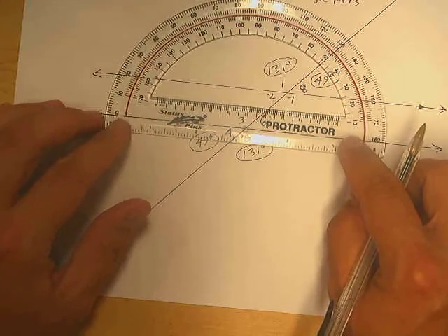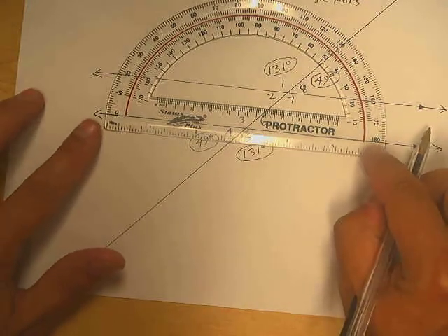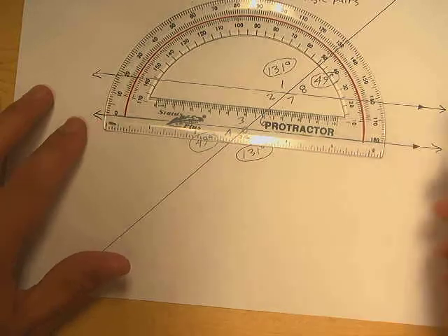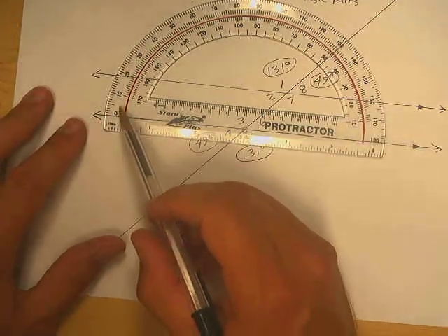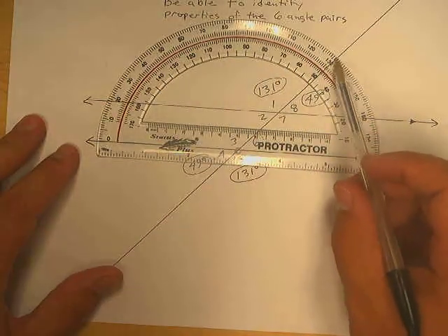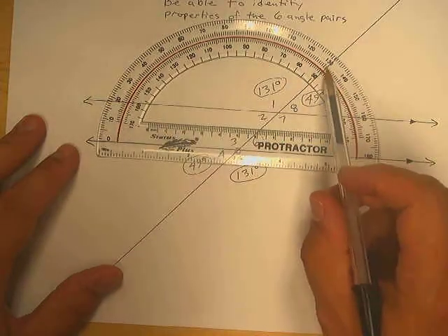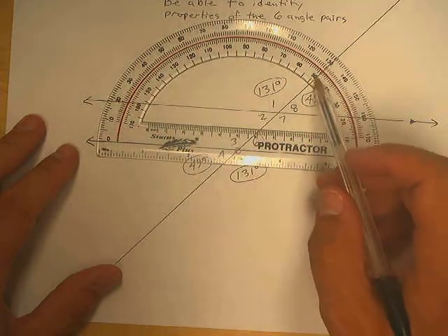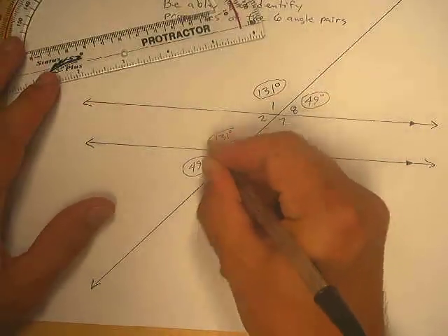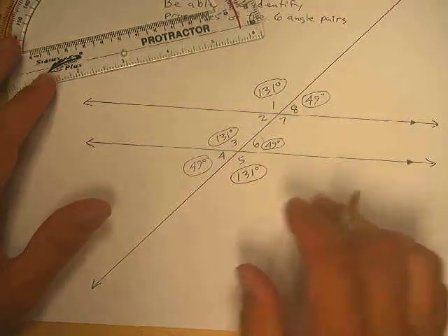Okay, now let's measure 3 and 6. We'll start with the center of the protractor right above the vertex of those angles. All right, try to do it as best I can. Okay, you can see angle 3 starts here, goes up around, it's about 131 degrees. Angle 6 starts here, goes up, it's about 49 degrees.